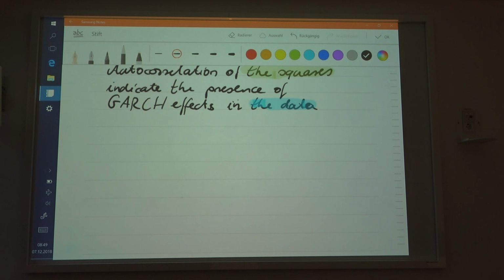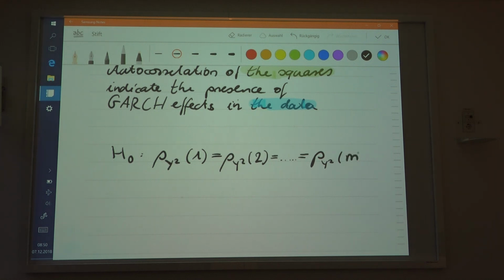The null hypothesis is always the same: the autocorrelation function of the squares at time lag 1 is equal to the autocorrelation function of the squares at time lag 2, and so on, up to the autocorrelation at time lag m.